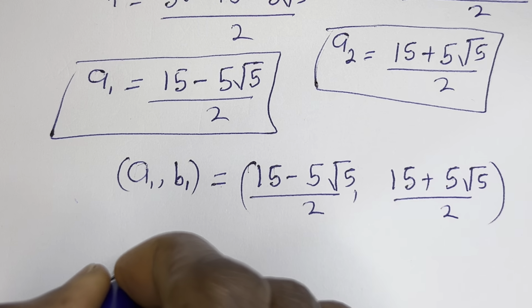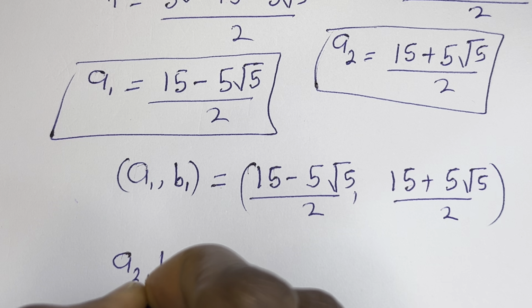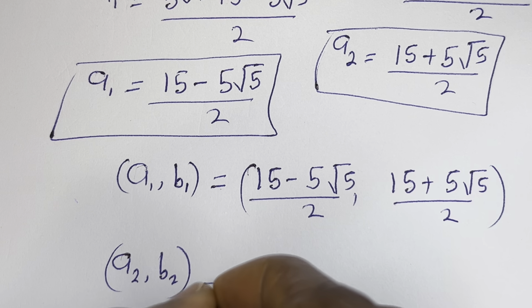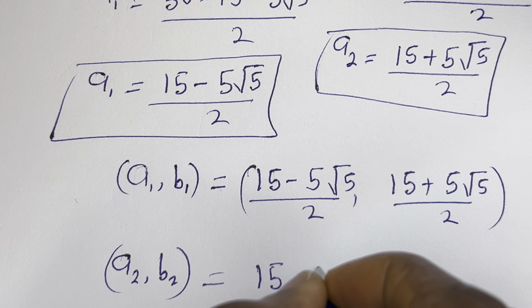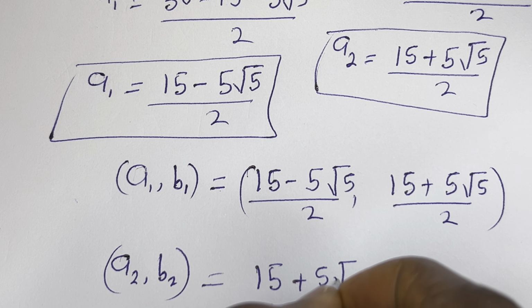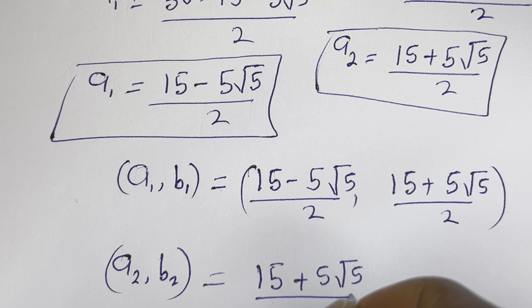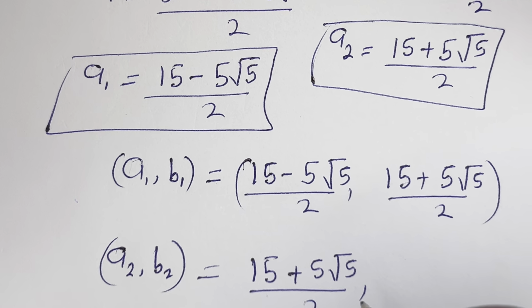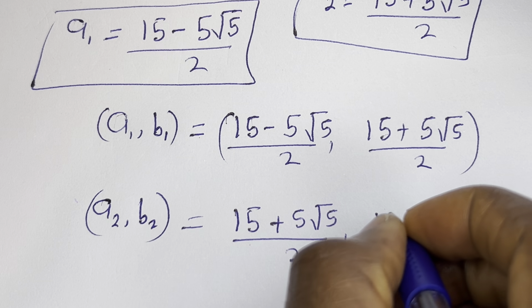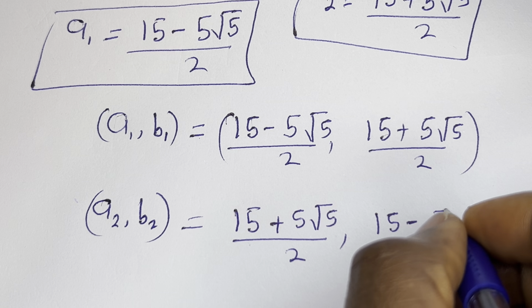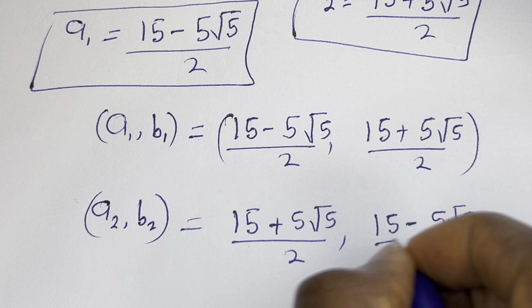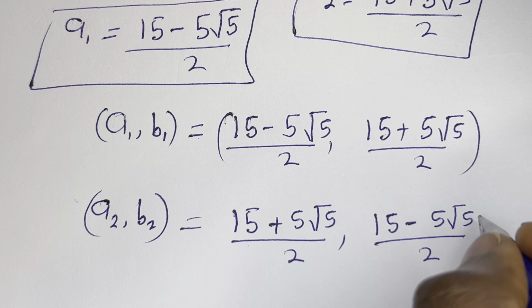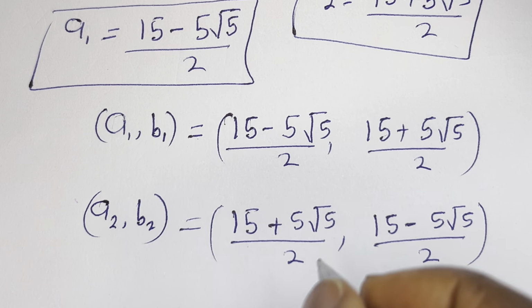Then a2, b2 is equal to 15 plus 5 root 5 over 2, comma, 15 minus 5 root 5 over 2. These are the final answers.